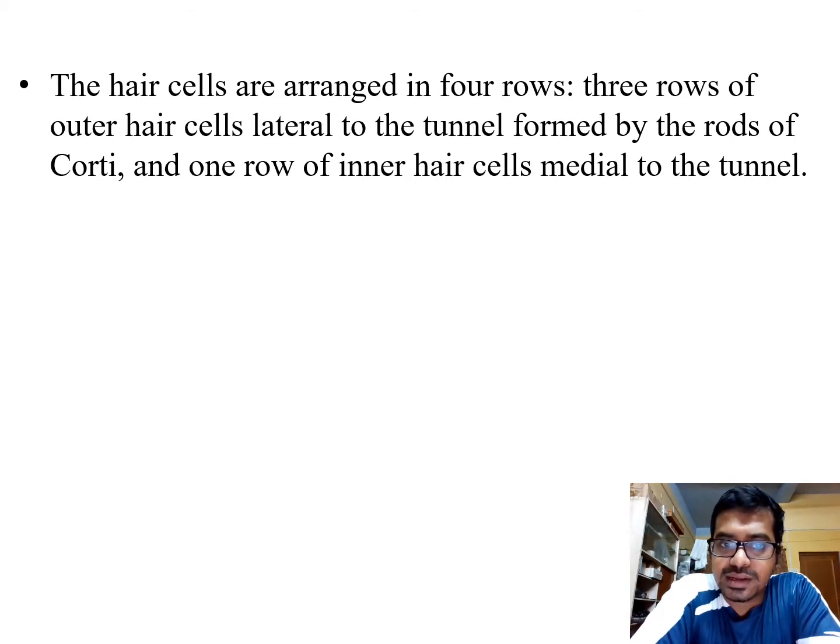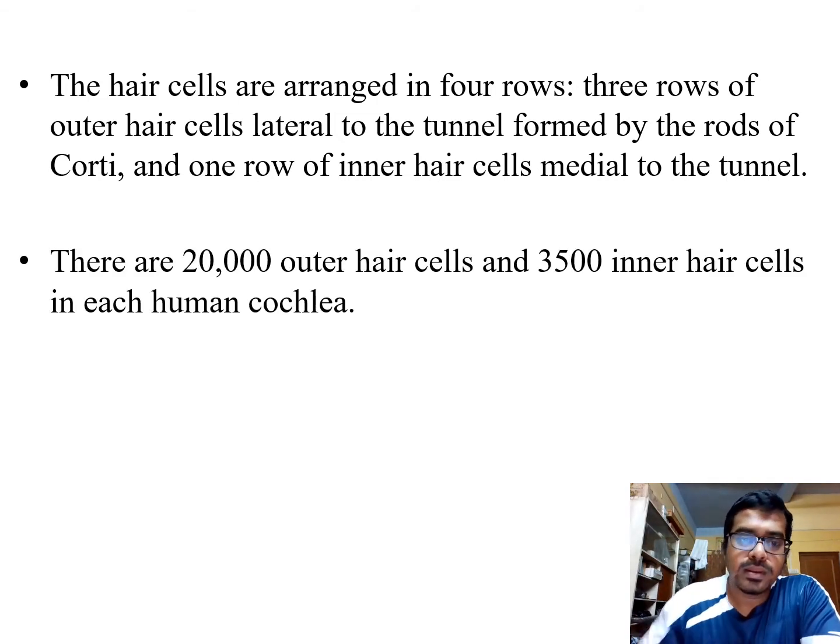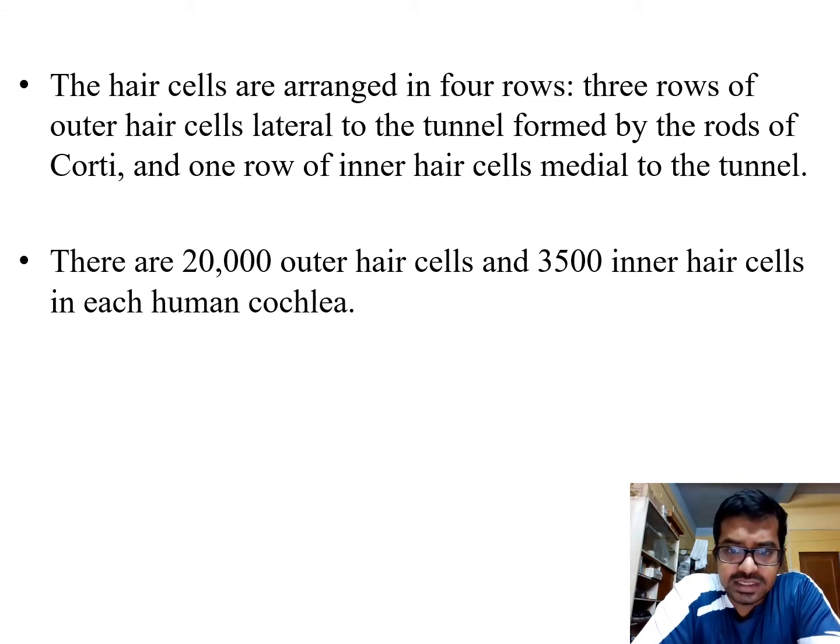Those lateral to the tunnel are known as the outer hair cells, and the row medial to the tunnel is known as the inner hair cell row. There are about 20,000 outer hair cells and 3,500 inner hair cells in each human cochlea in an adult.